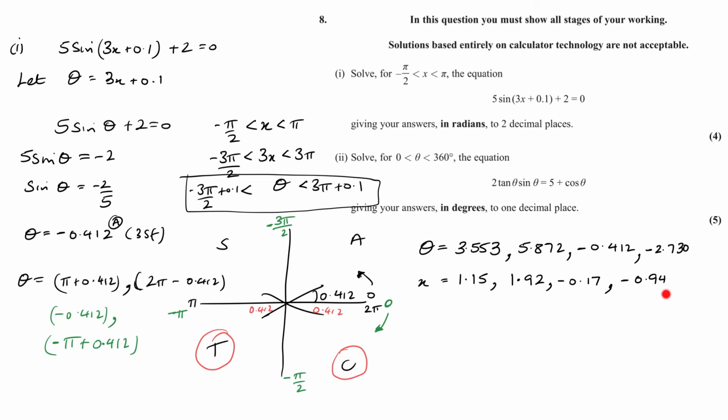But those are the 4 answers, and ultimately I feel like this is a fair bit of work just for 4 marks. It's a little bit of a disappointing question, I think. Right, let's go on to the second part.